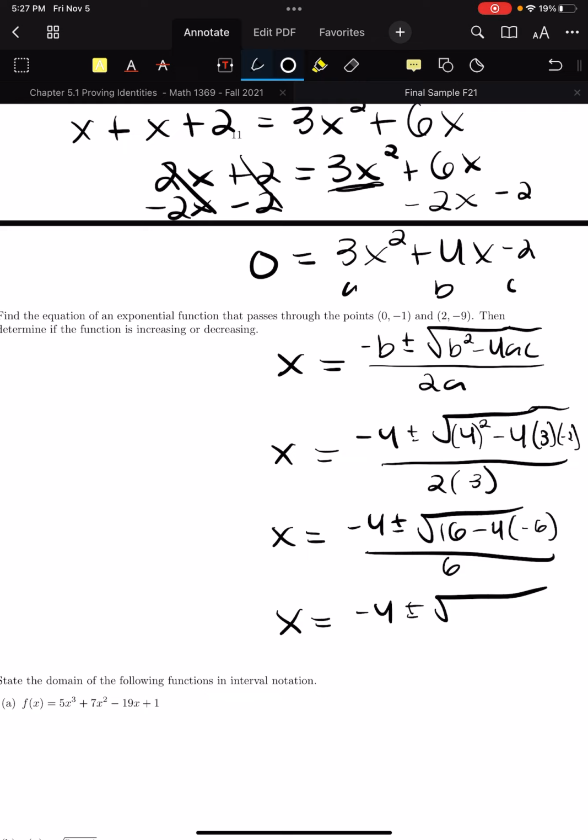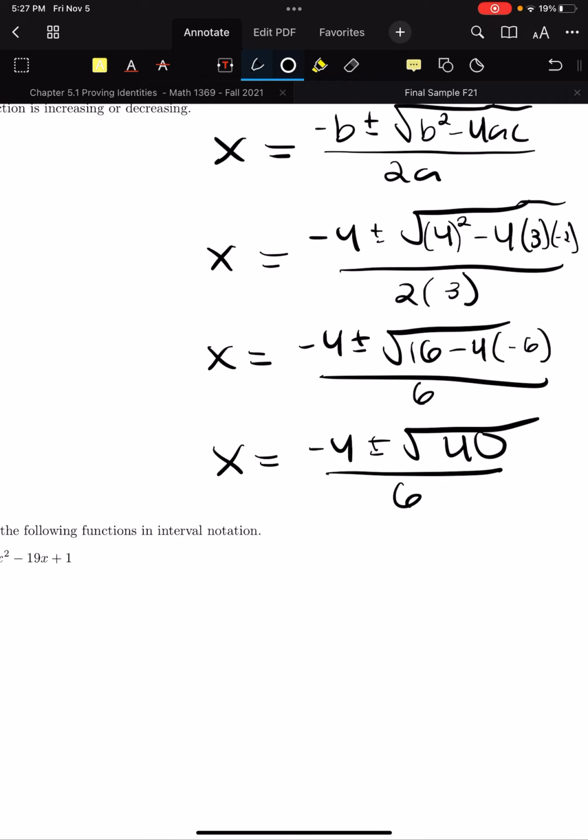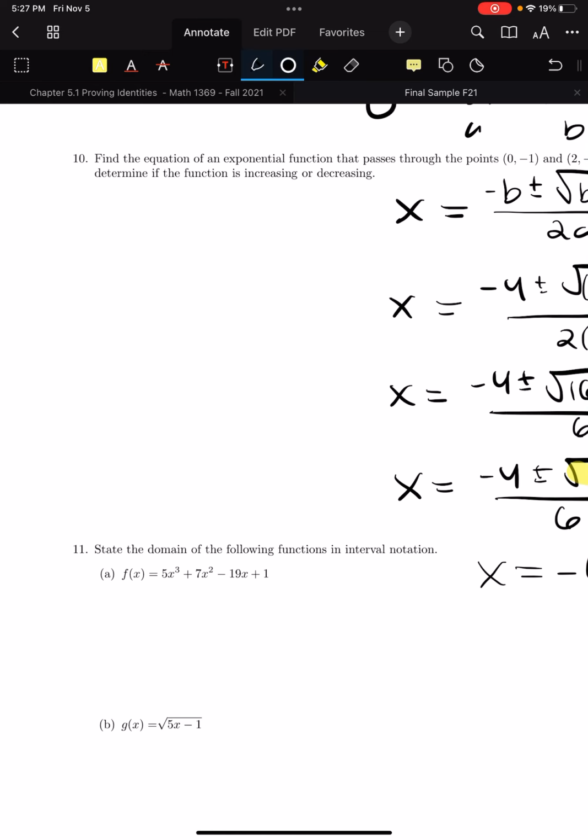That's going to simplify to just, it's going to be plus 24, 16 plus 24, which is going to simplify into 40. That's going to be over 6. So then x is going to equal negative 4, and then we're going to break down this.